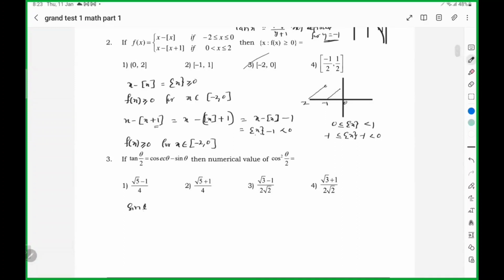Here 1 by sine theta minus, so just rearranging the terms.